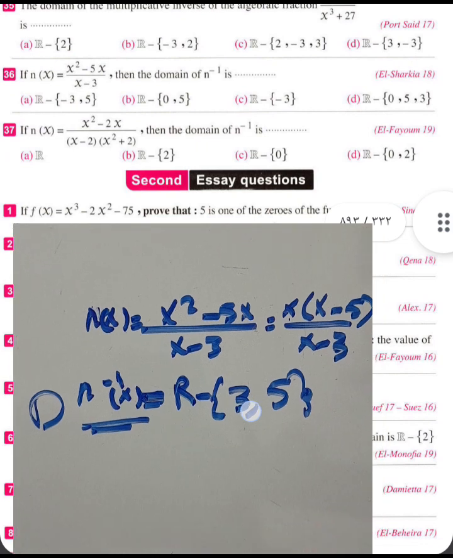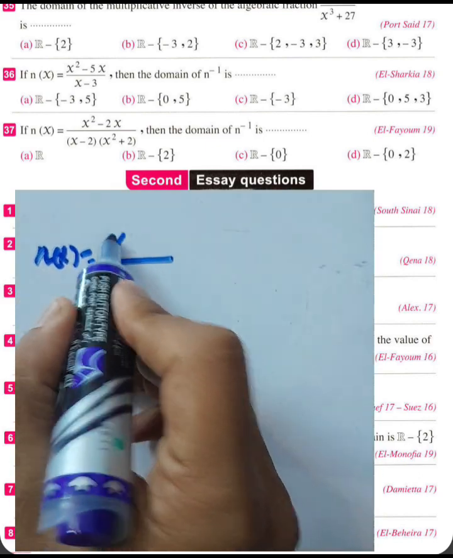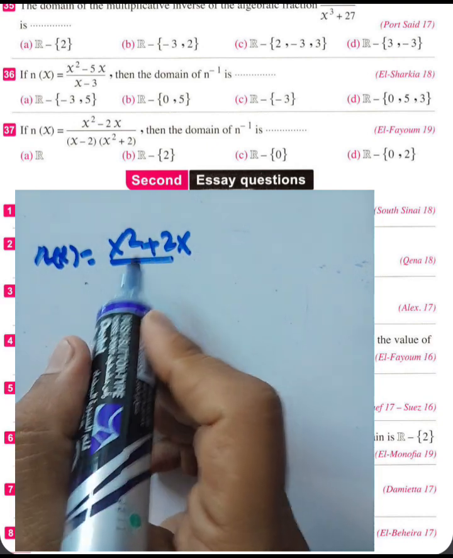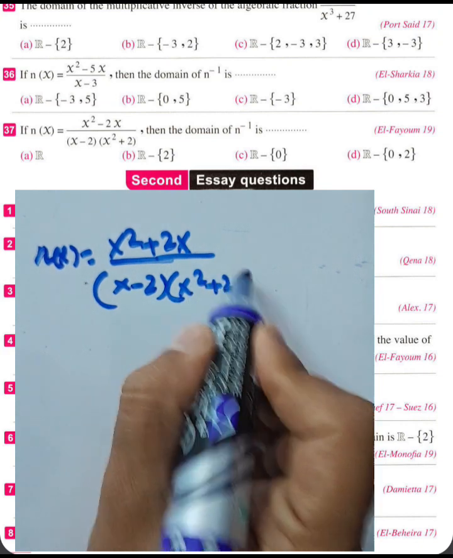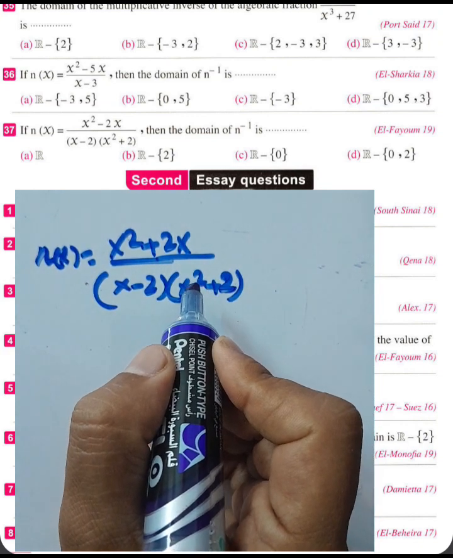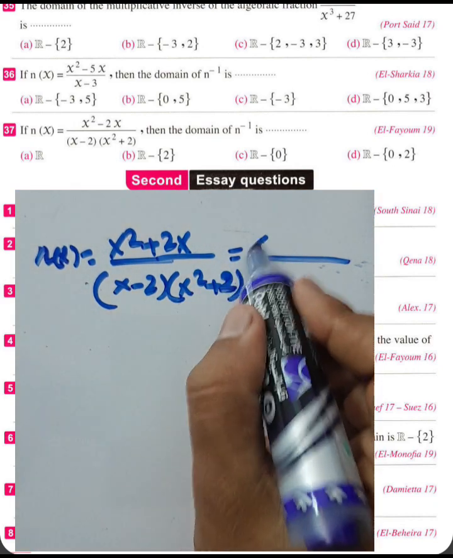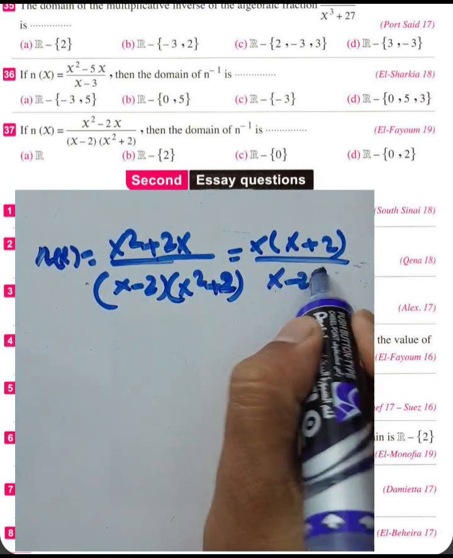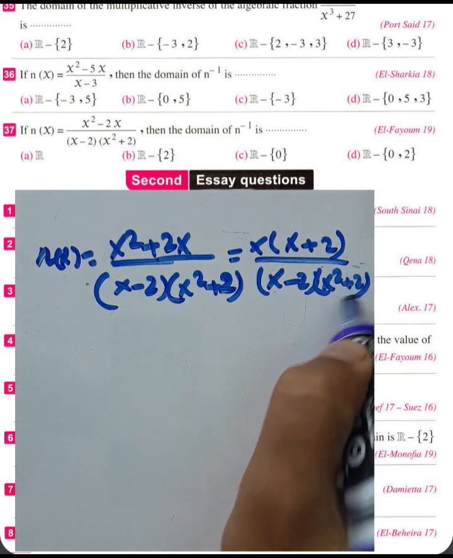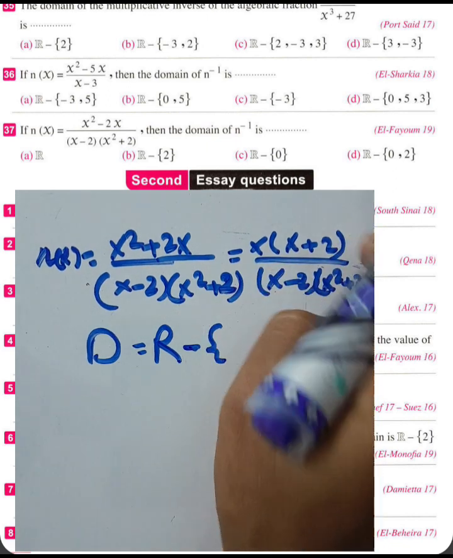Next question, 37. If n of x equals x power 2 plus 2x over x minus 2 product by x power 2 plus 2, then the domain of n power negative 1, we can write the simplest form of this function. Write x product by x plus 2, with x the highest common factor, and in the denominator x minus 2 product by x power 2 plus 2. Then for the domain, we can write real numbers subtract the zeros of numerator and denominator.